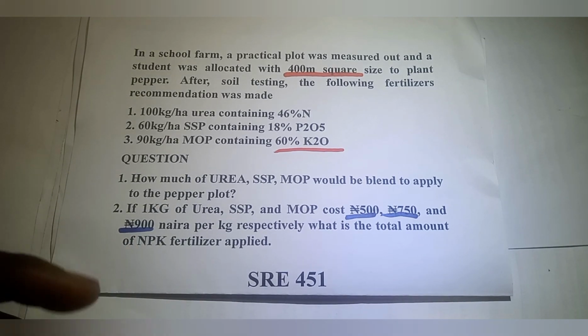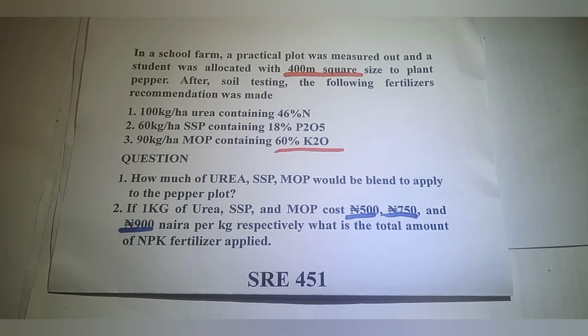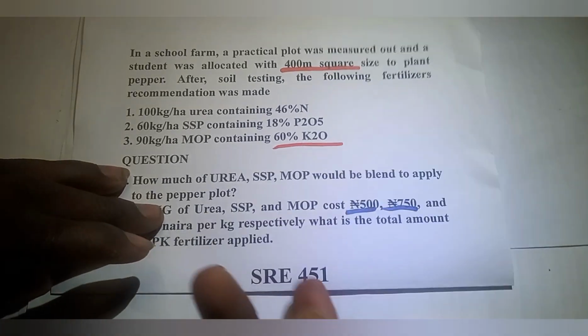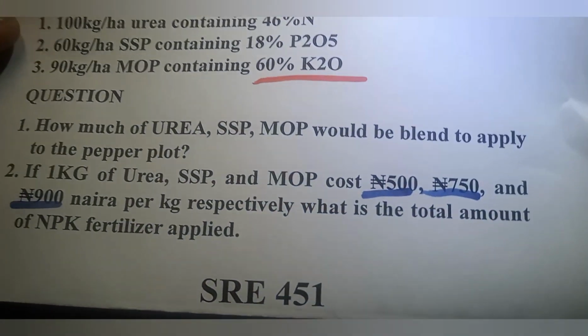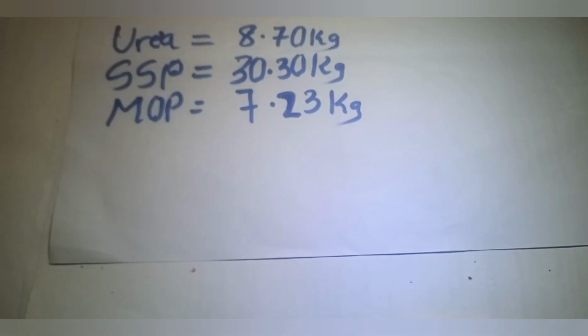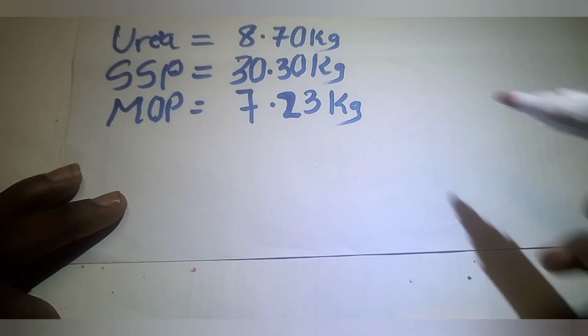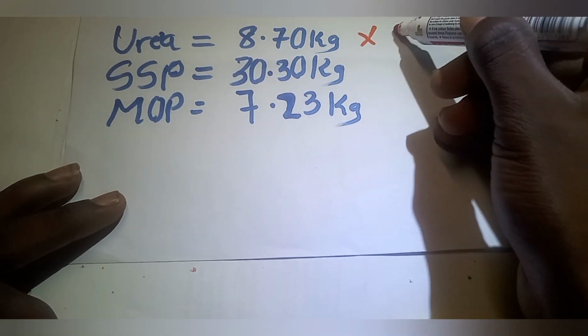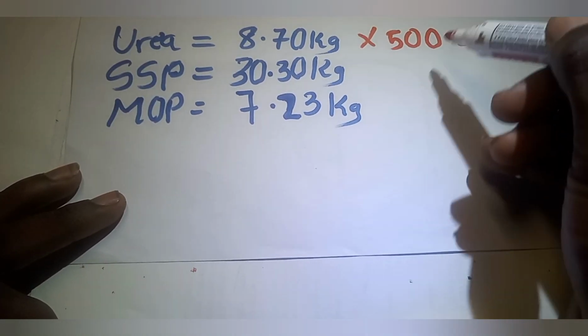Don't forget, all these are for 1 kilogram. Now if 1 kilogram of urea costs 500 naira, how much will 8.70 kilogram cost? It's simple. Just multiply it with 500 naira and get your final answer.